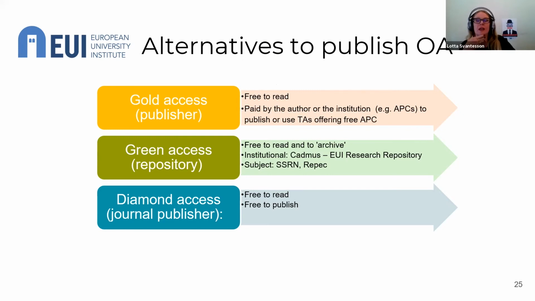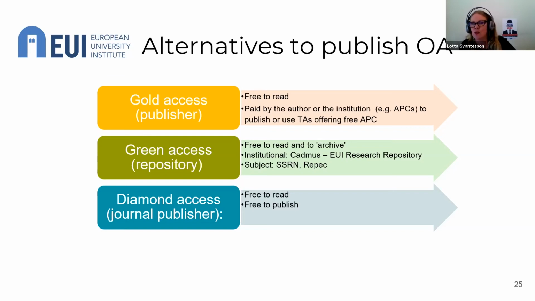And these fees are usually called article processing charges, and in jargon, you will always read APCs. Sometimes these can also be waived through an agreement, so that you don't have to pay them. And you will see very briefly that we have 3 big deals at EUI that offer you this possibility.